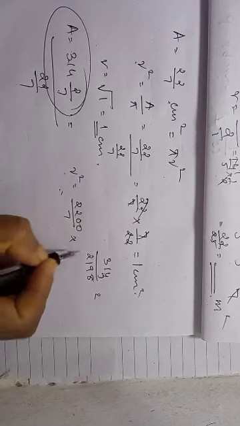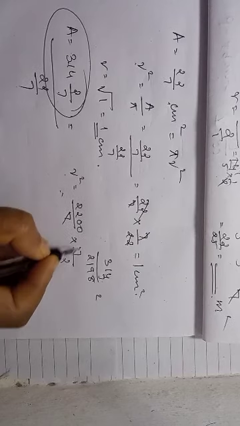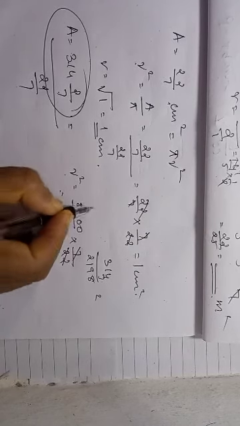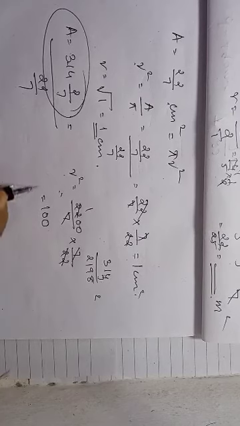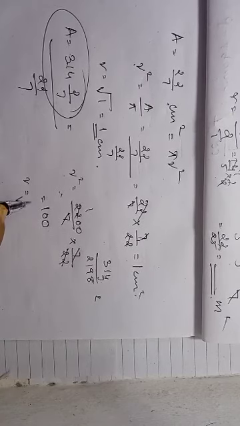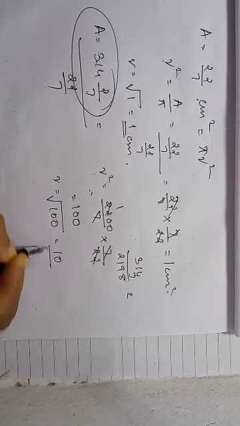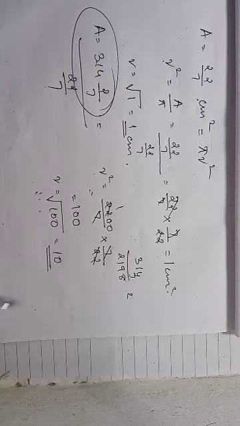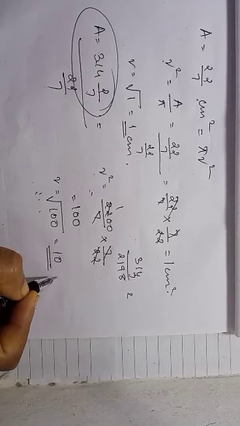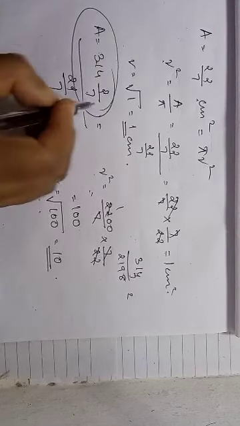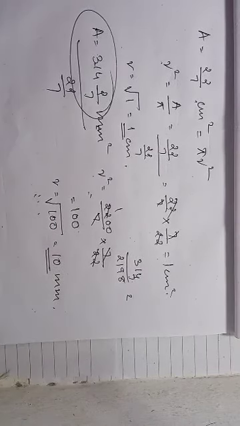Dividing by 22/7, take the reciprocal and multiply 7/22. 7 and 7 cancel, 22 and 22 give 1. So 1 into 100, 100 is r square. r is equal to square root of 100, which is 10. Now we studied how to find the square root of a number. 10 centimeter, or millimeter if millimeter square is given. Here it is in millimeter square, so 10 is in millimeter.